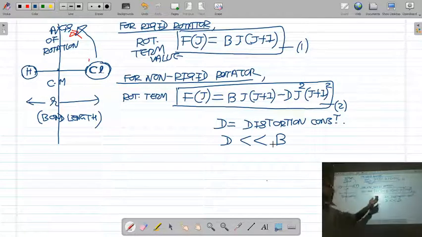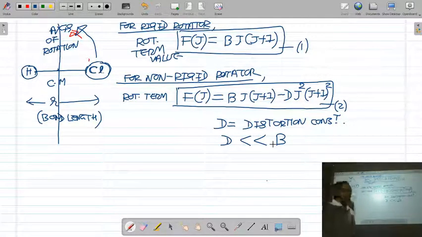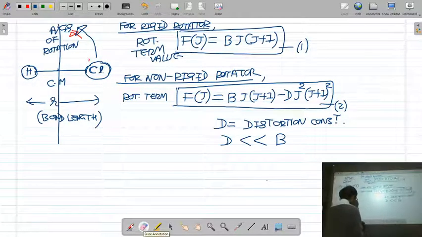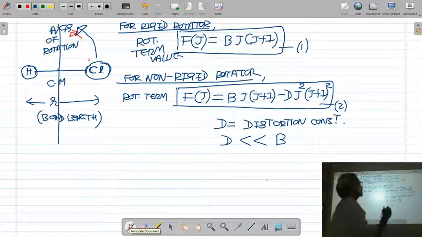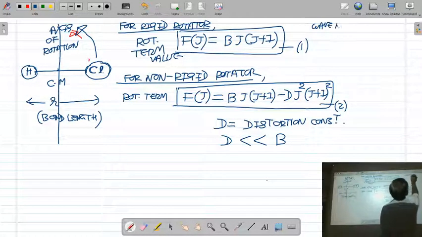So in this equation, D is the distortion constant, and this distortion constant is very much less than the rotational constant B. Now, in the case of a rigid rotator, we have derived the equation of the wave number of the rotational line.